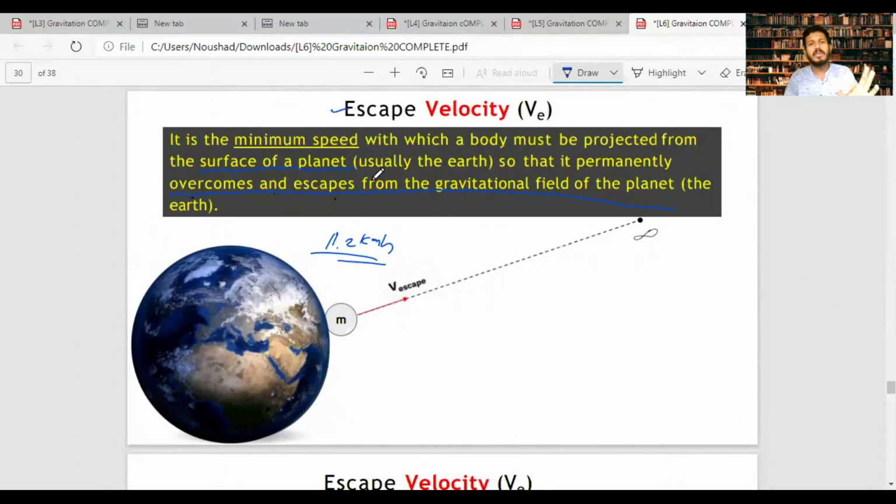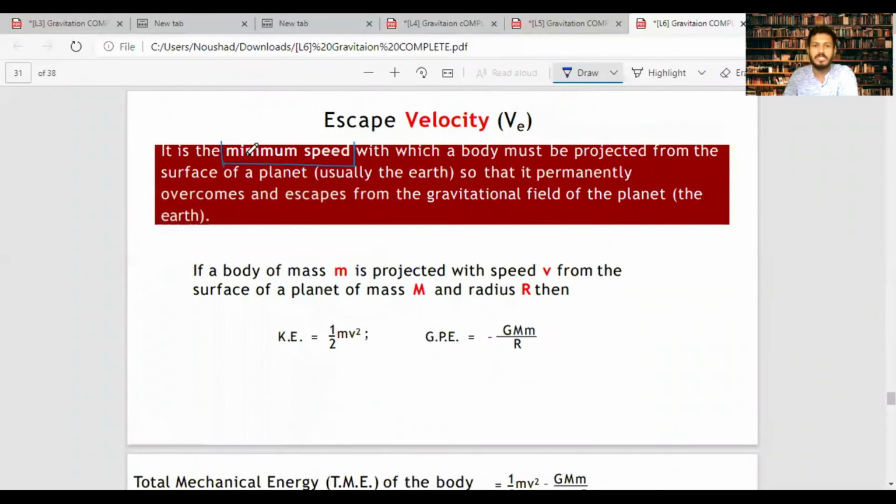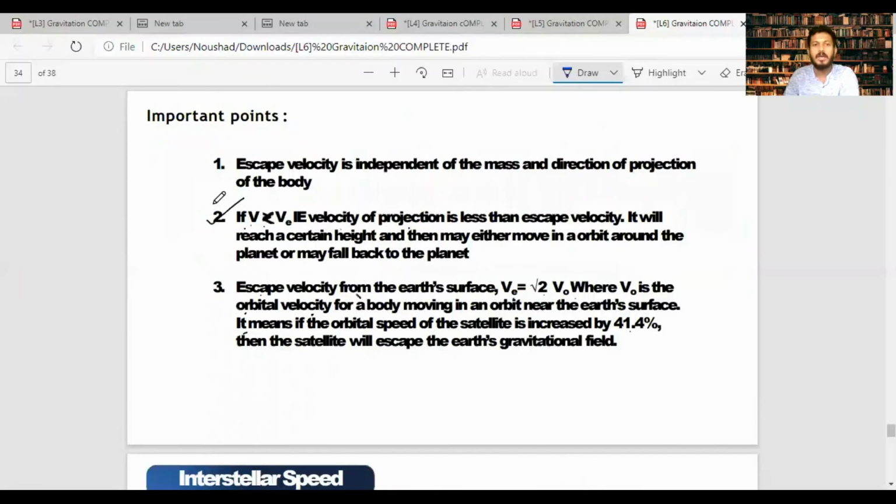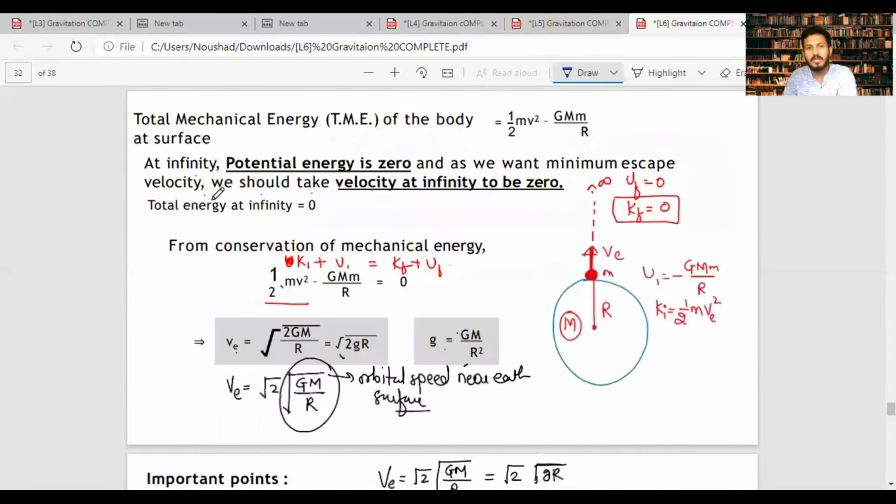If we do not give escape velocity, it will return and hit the center of the Earth. That does not happen because we give escape velocity, the minimum speed for escaping the gravitational field of Earth. Not temporarily, but permanently overcoming the gravitational field of the planet.